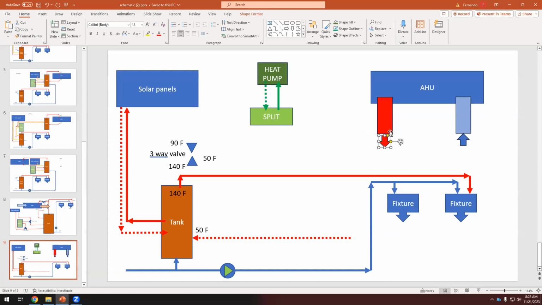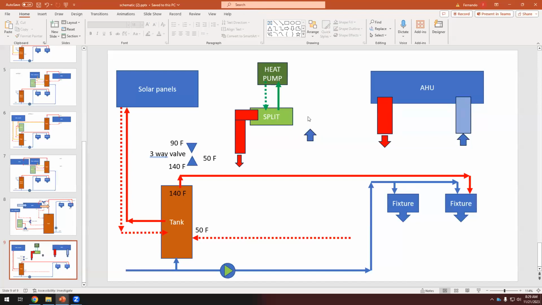For the warm air supply in the split unit, we have those ducts here, and we have a return through the plenum.